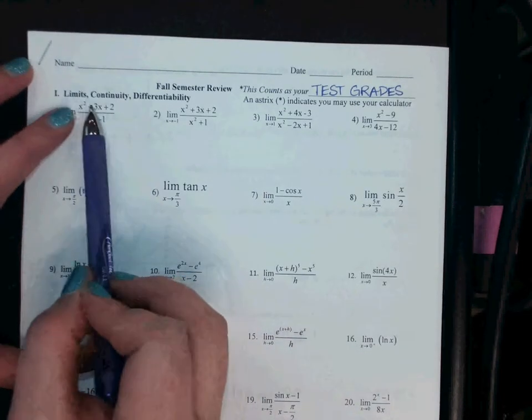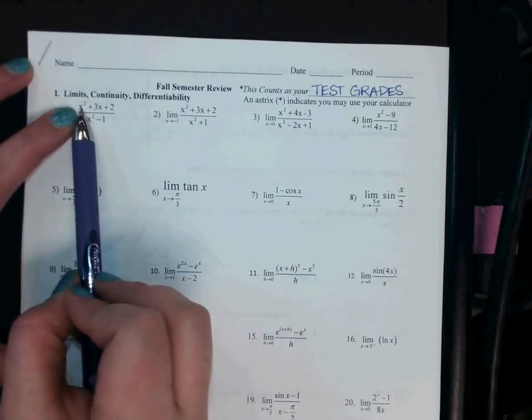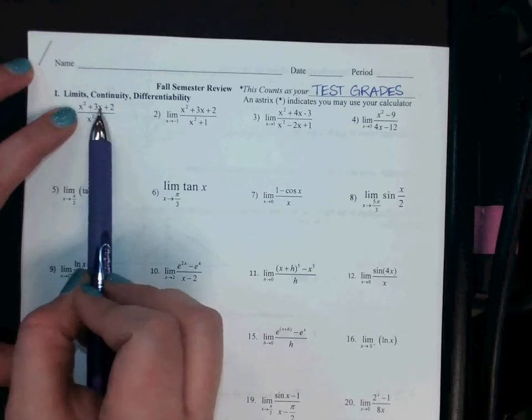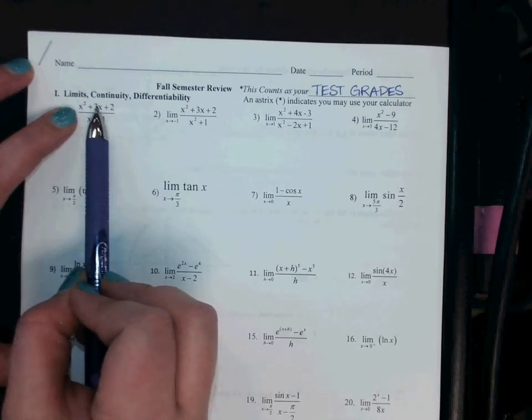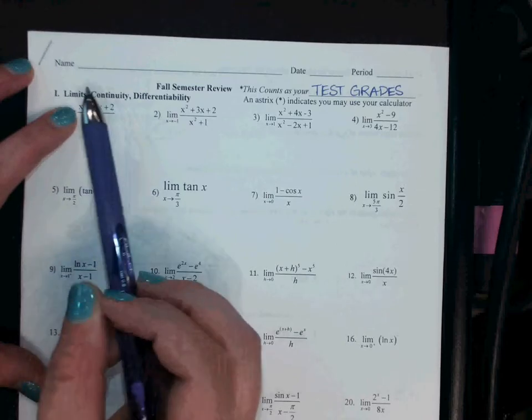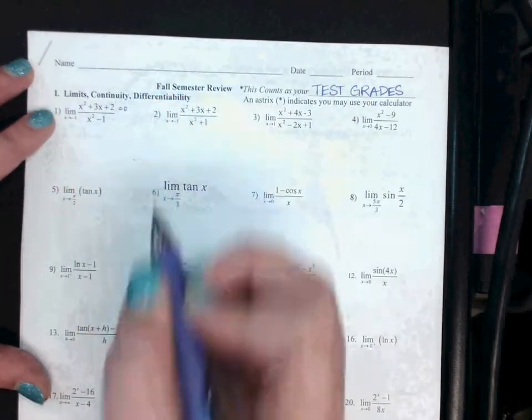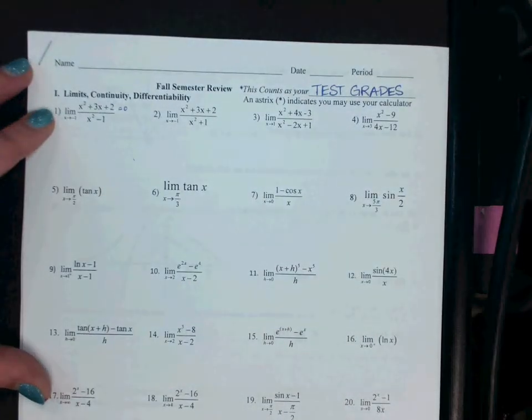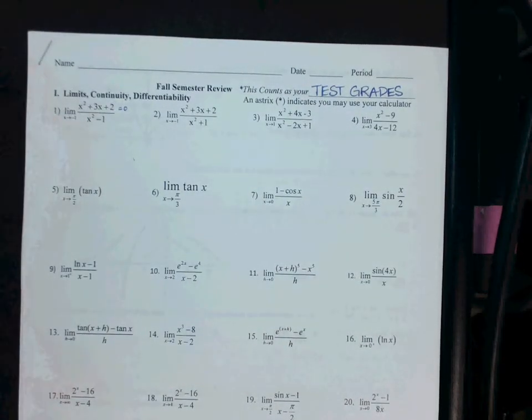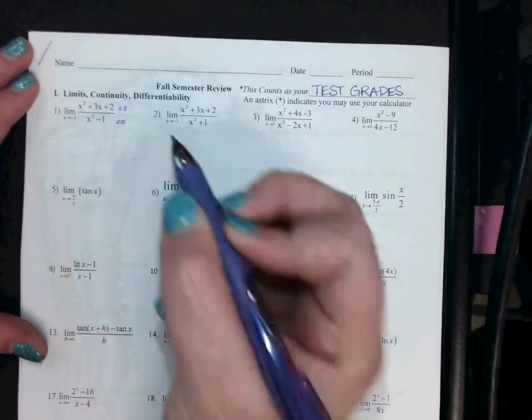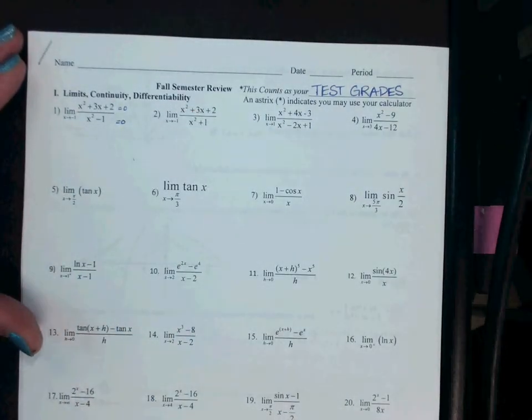So if I do -1 squared, what's that? 1 plus 3 times -1 is -3. 2 plus 2 is 1. So the top comes out to be 0. Okay, now on the bottom, what's -1 squared? 1 minus 1 gives you 0. That's when you know that that's not going to work.